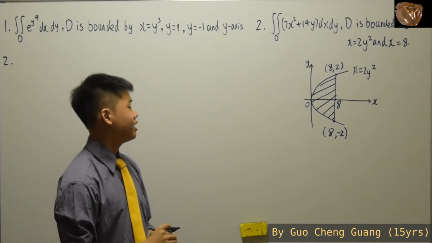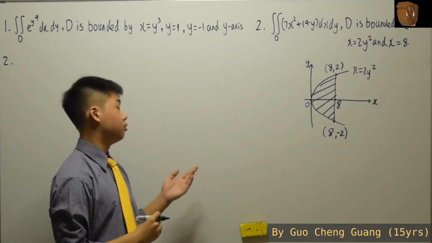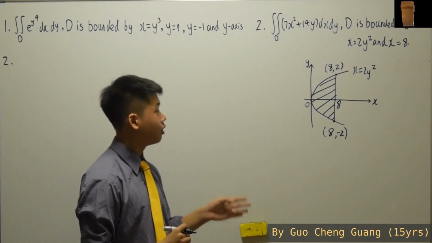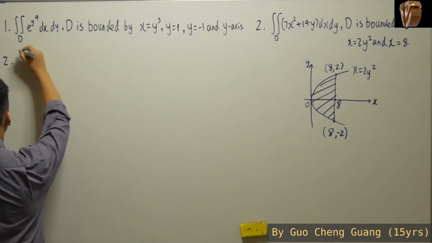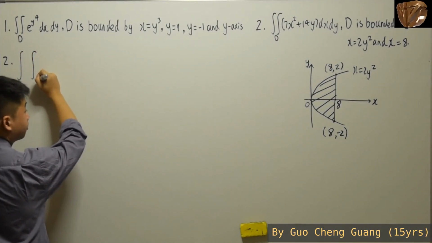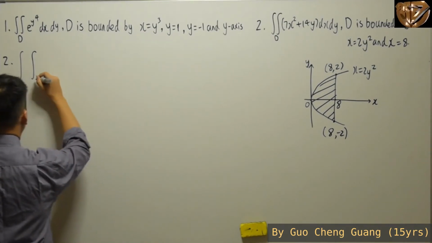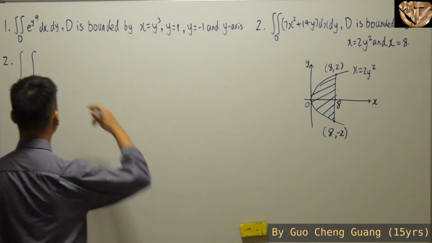Well, of course, you can choose to start integrating with respect to x or choose to integrate with respect to y. Just you have to be aware of the different boundaries. Alright, so with this we're going to integrate, since it is in the x direction, from 2y squared to x is equal to 8.